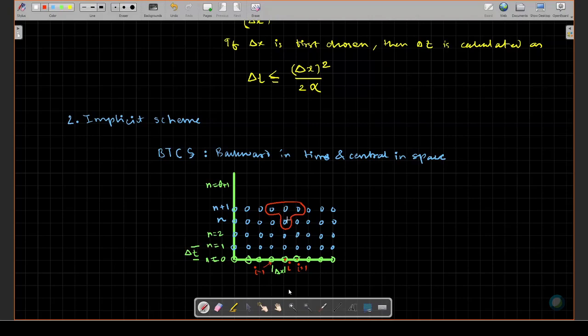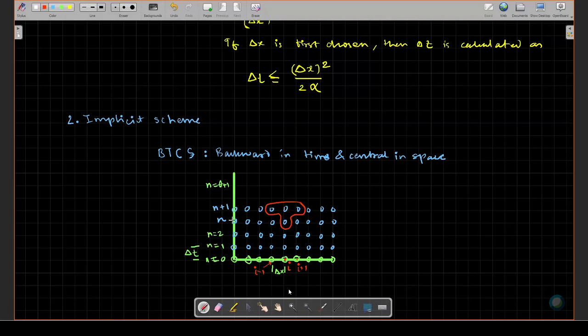When you take the spatial discretization, you are using n plus 1th level values to calculate the n plus 1th level value at this location.